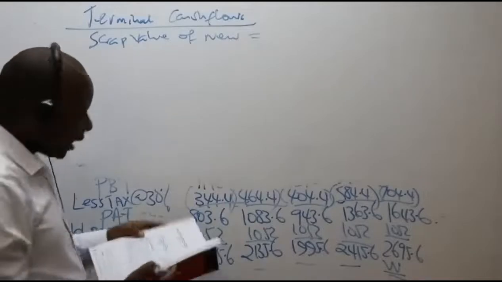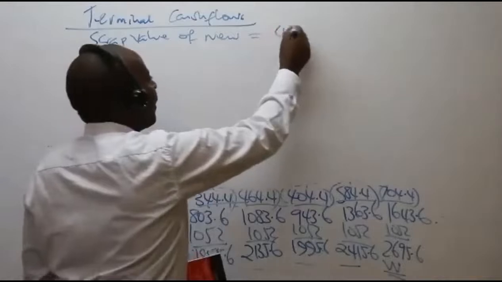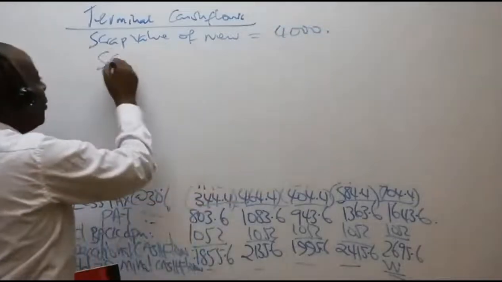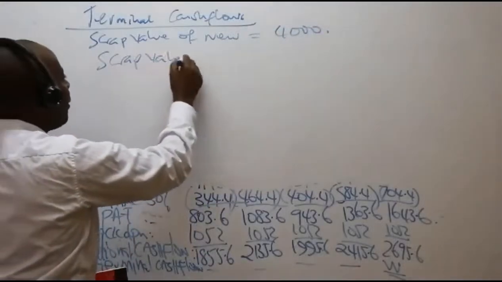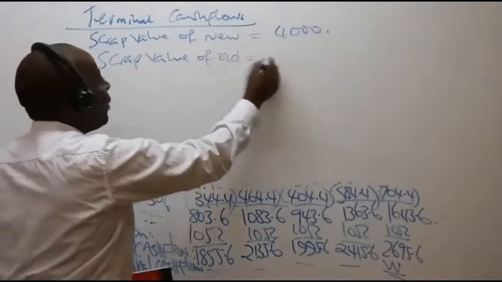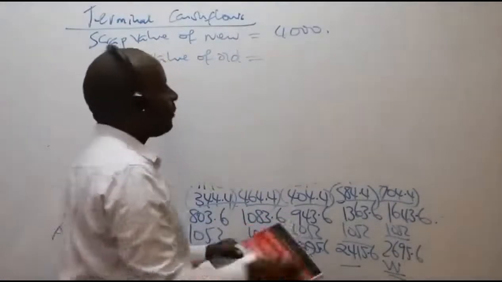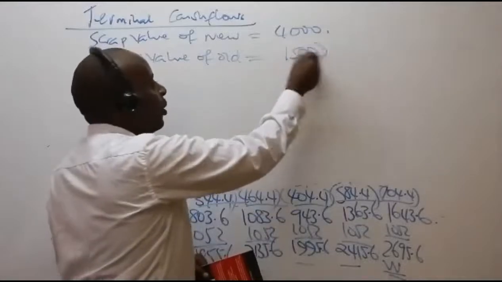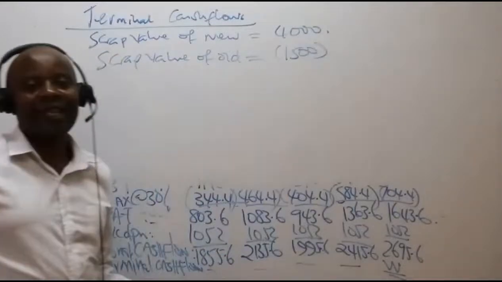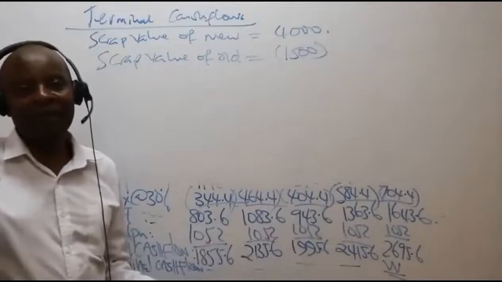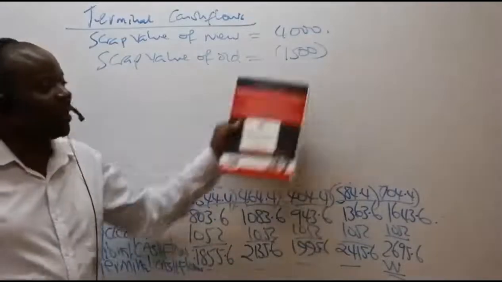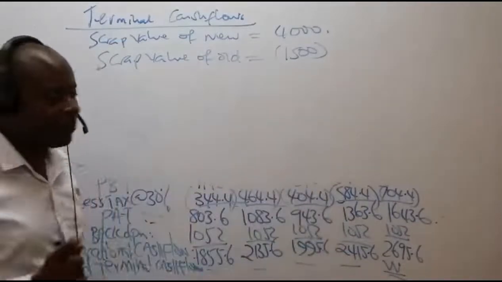They gave me 4,000. And then we have the scrap value of old. They gave me a figure of 1,500. Remember, old is an opportunity cost. I'll lose that if I make a replacement decision today, so I'm capturing it in brackets.